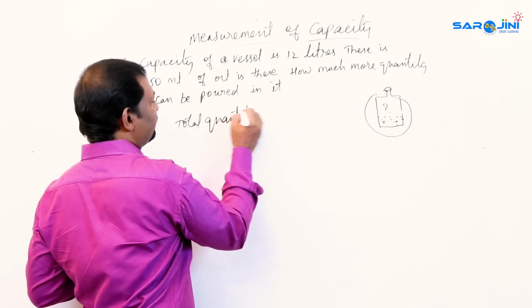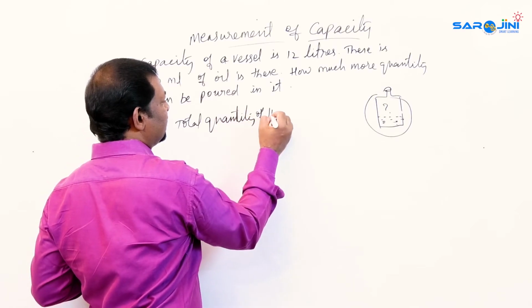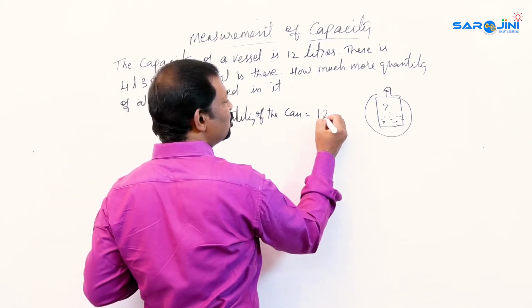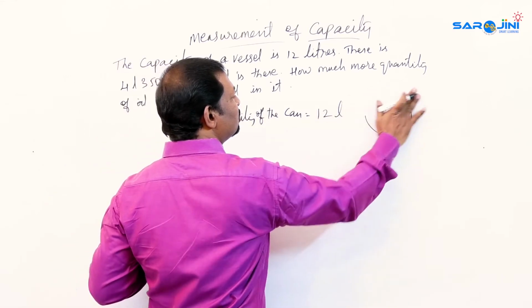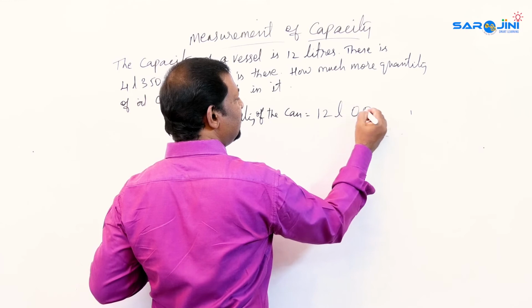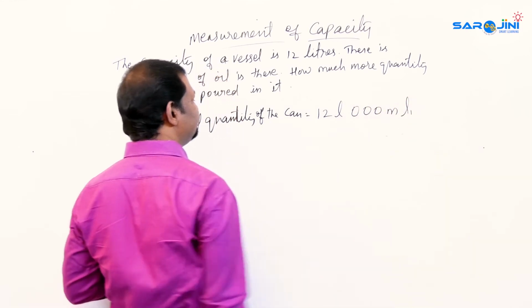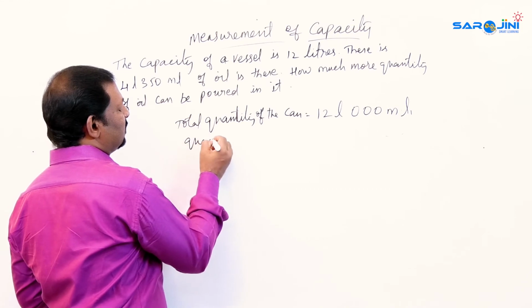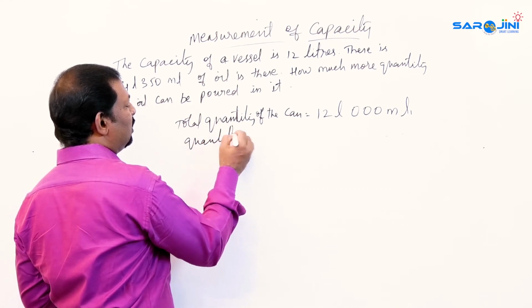So what is the total quantity given? The total quantity of the can is 12 liters. That means 12 liters 000 milliliters. This is the first part. Next, the quantity we already have.